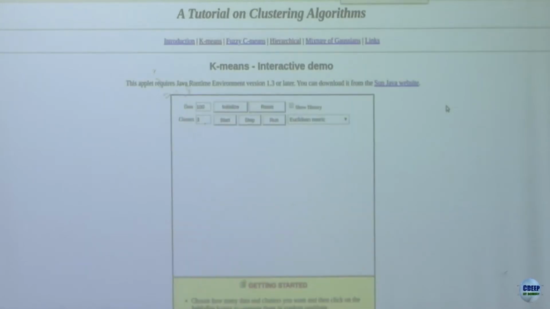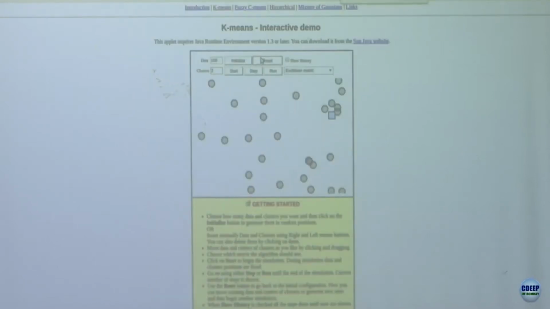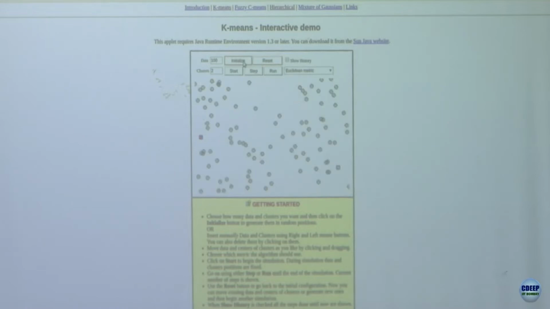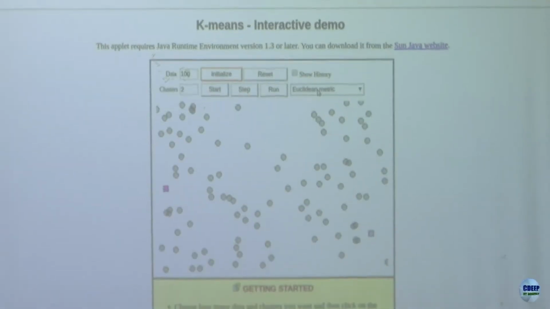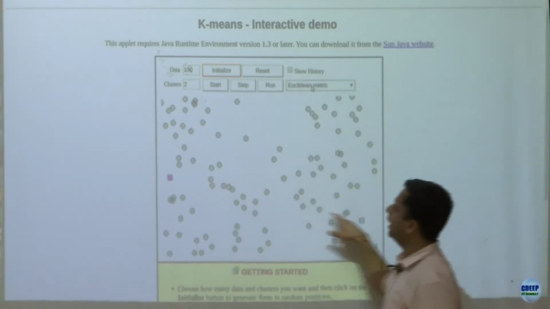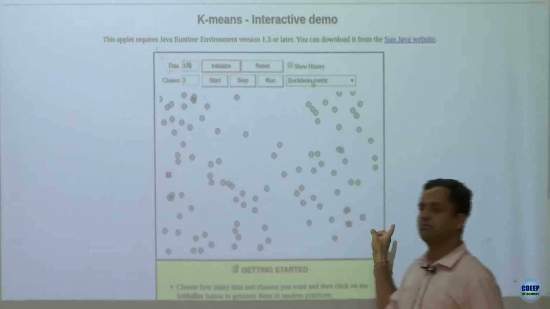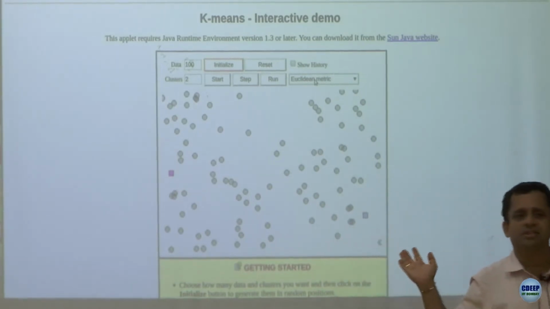Okay, I just wanted to show you what it means to choose the right number of clusters. This might be helpful in your assignment. Here you see 100 points and I have chosen 2 cluster centers, one here and one here. Does it look like a good choice of initial cluster centers?